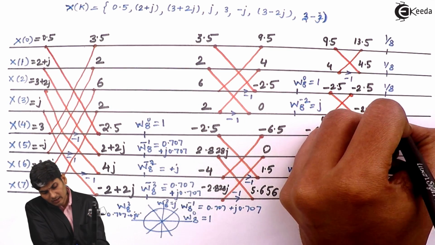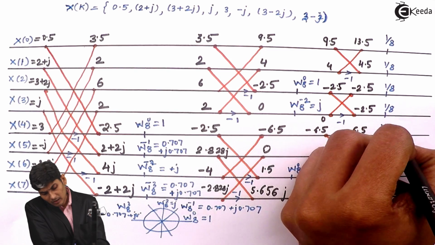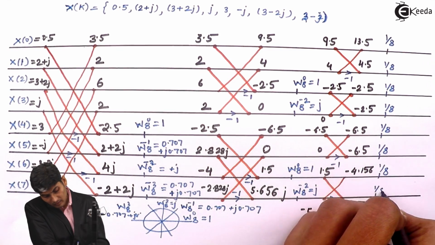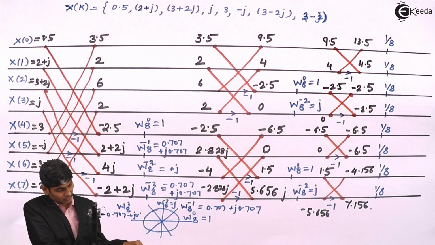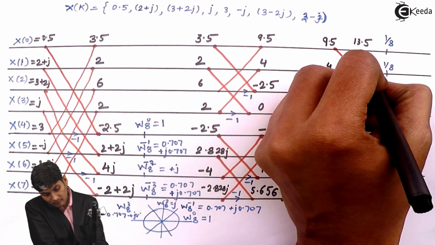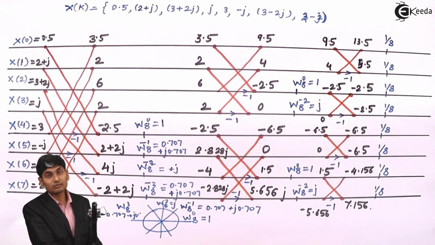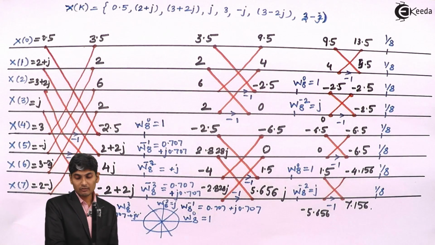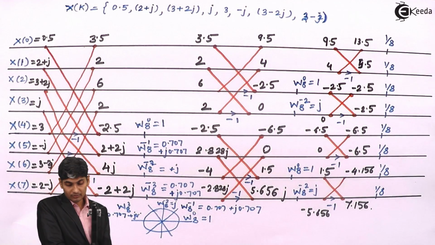That means I am dividing the samples by 8. By the way, this is 5.5, not 4.5. I'm subtracting 4 from 9.5, it will be 5.5, not 4.5.